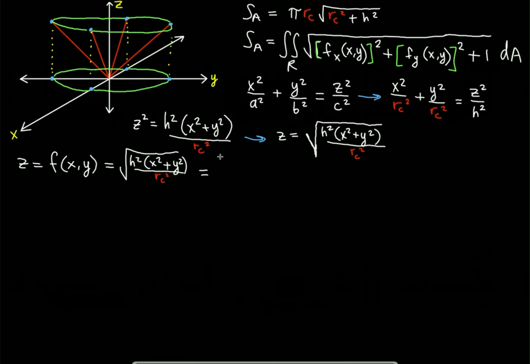So basically what this means is we're going to get h over rc. And that's going to be a much simpler square root, right? So it's going to be basically x squared plus y squared inside, right? X squared plus y squared. Okay? So that's going to be easier to take care of.